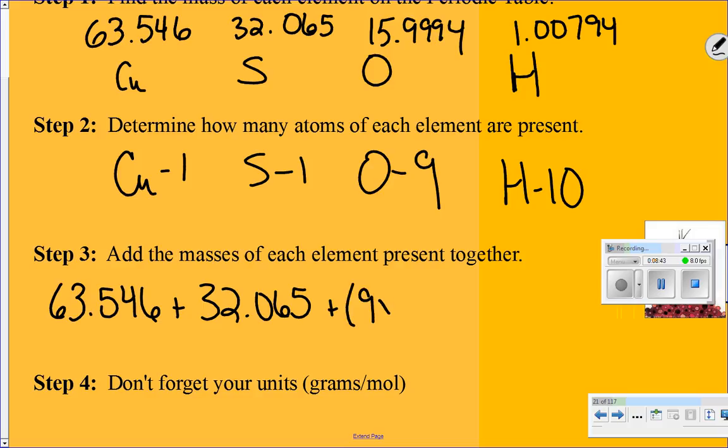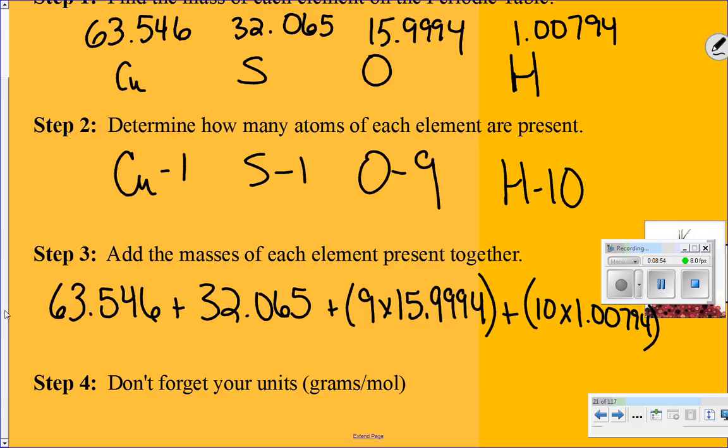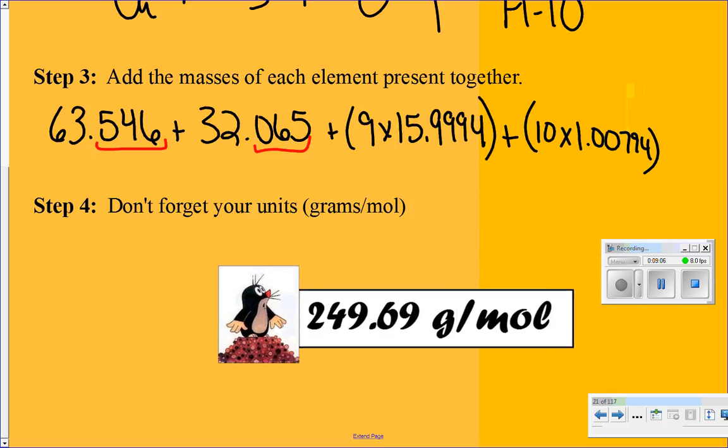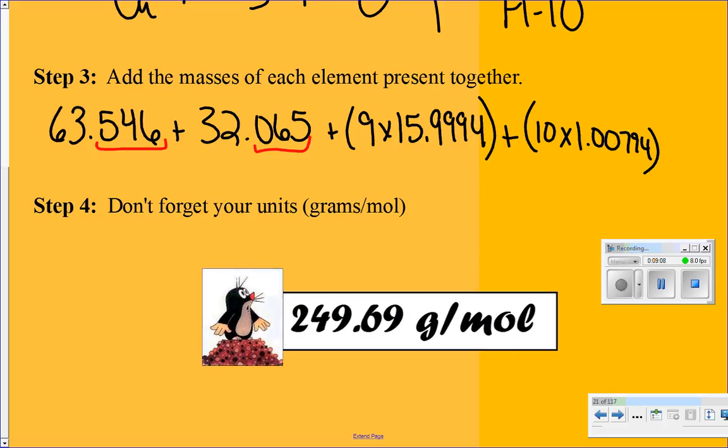We have 9 oxygens, and we have 10 hydrogens. Our limiting factor on this one in terms of our number of decimal places is going to be copper and sulfur both only have 3 decimals, so we'll have 3 decimal places in our answer. When you punch this all into your calculator, you should get 249.69 grams per mole.